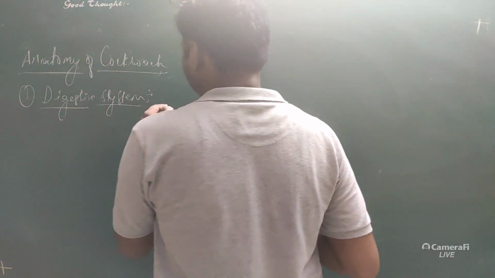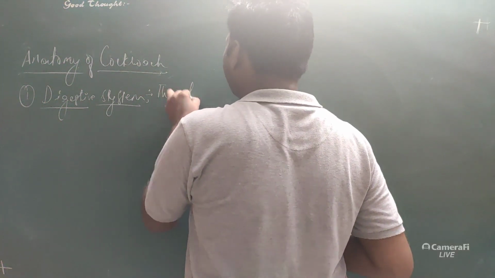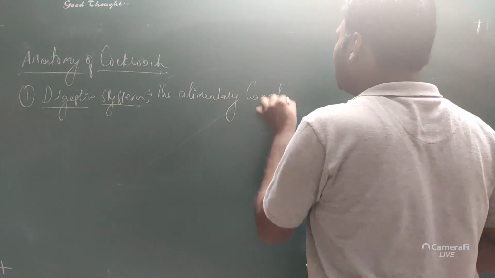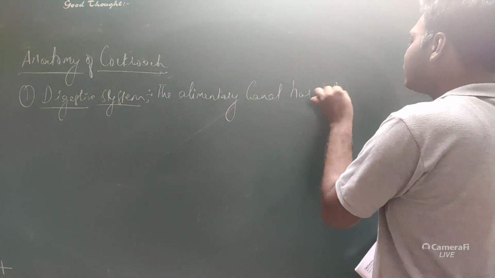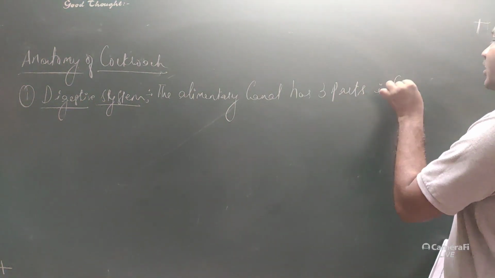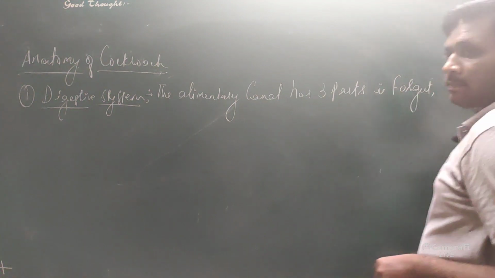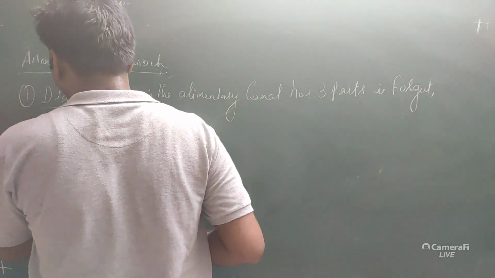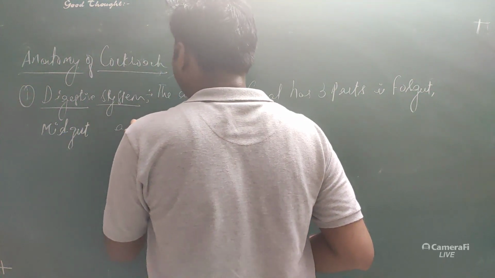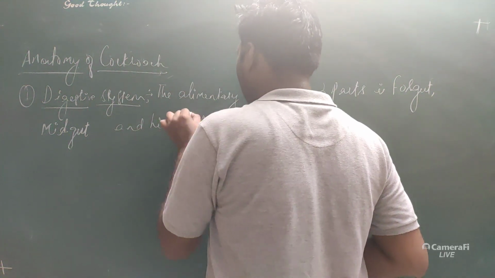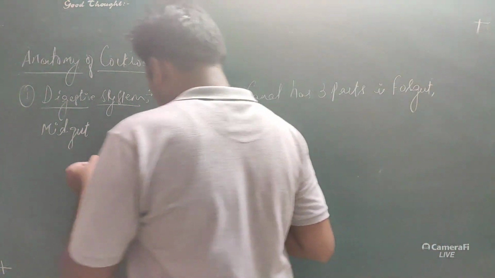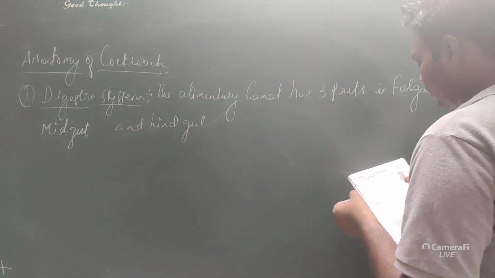The foregut is also referred to as the stomodaeum, the midgut as the mesenteron, and the hindgut as the proctodaeum.